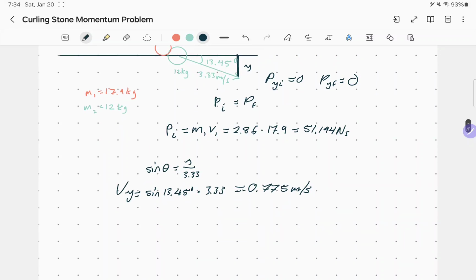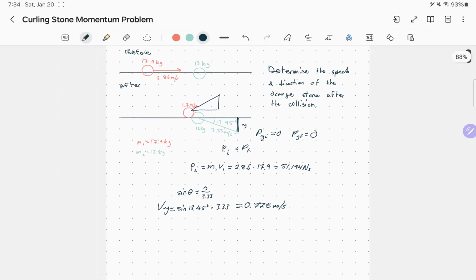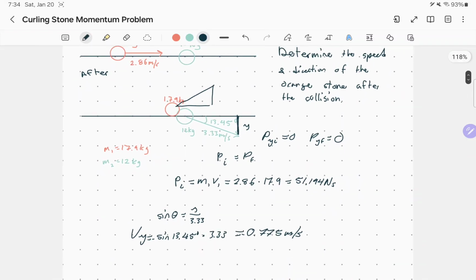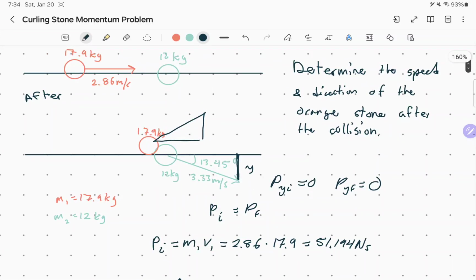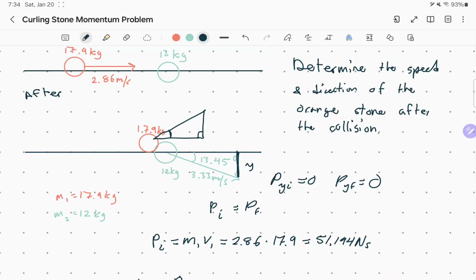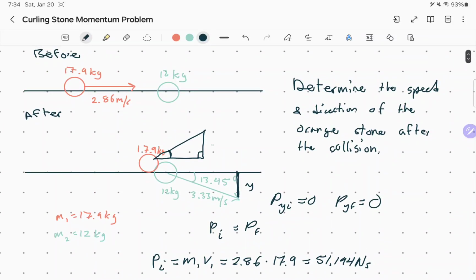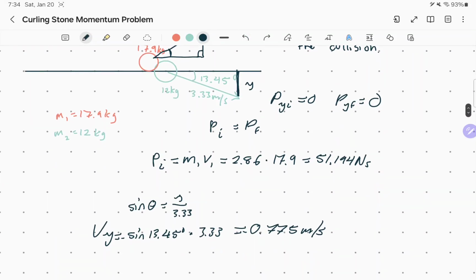I should mention that this is negative. So continuing on, we want to know what the angle is. If we know that this is going to be 0.775 meters per second, and it's not 0.577 meters per second.